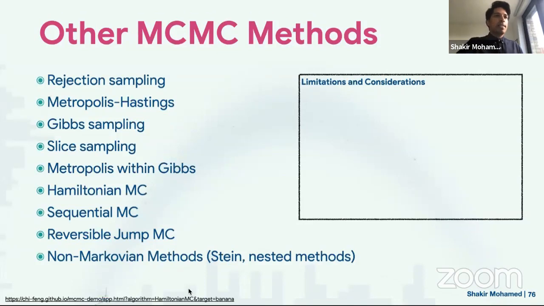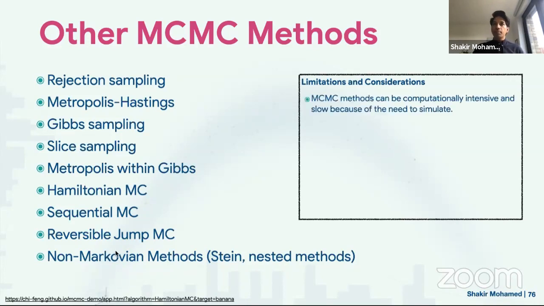So there are many, many others. Someone mentioned rejection sampling. I just showed you Metropolis-Hastings, and some of you would have known of Gibbs sampling. Then you have slice sampling, which is very popular, and many, many other variants. Hamiltonian Monte Carlo is extremely popular. And then you have other non-Markovian methods of sampling as well.